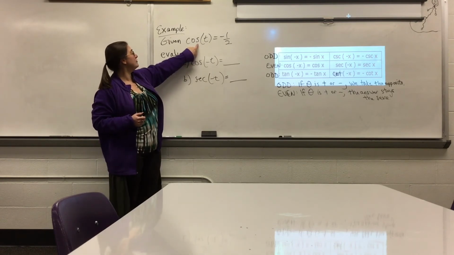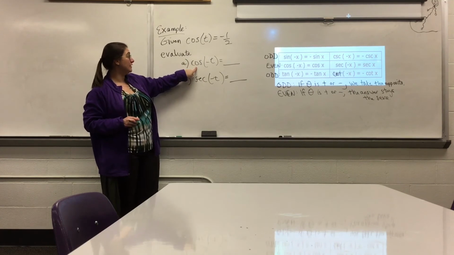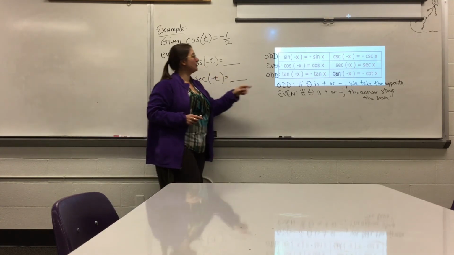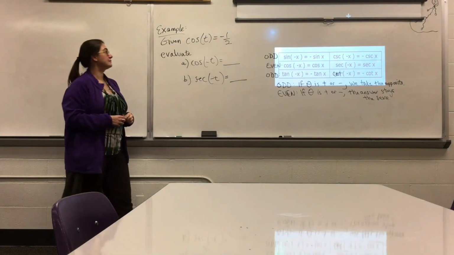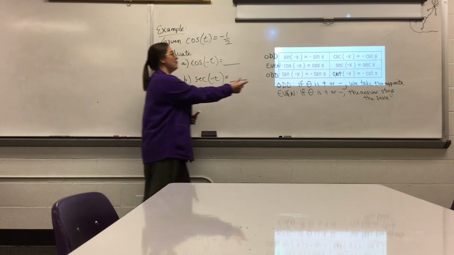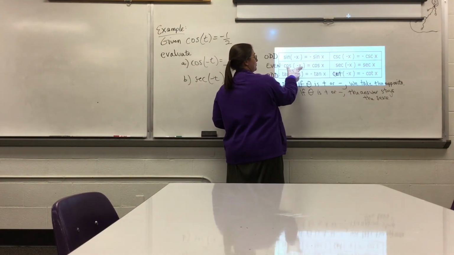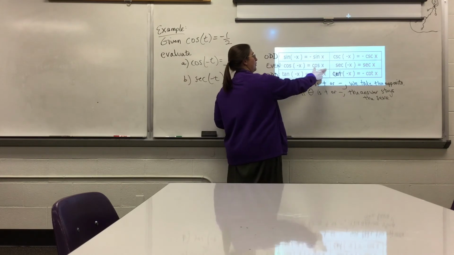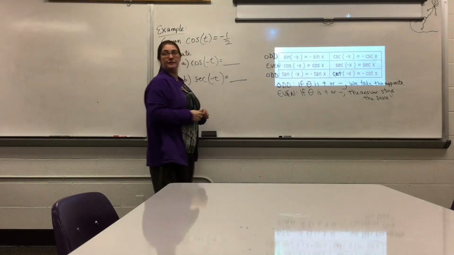So if this is the cosine of t, and we are told to evaluate the cosine of negative t, then what will be the answer by the even function rule? It's like I'm starting on this side, and then I want to know what the answer is over here. The cosine of x equals the cosine of negative x.